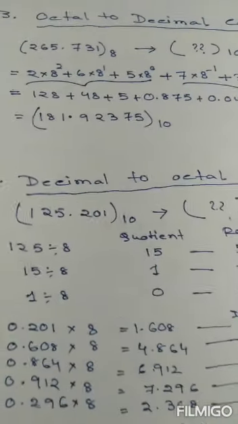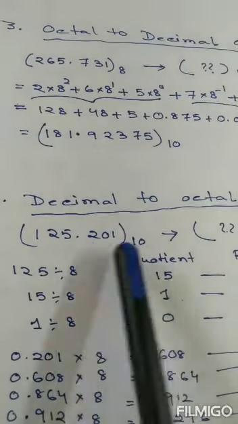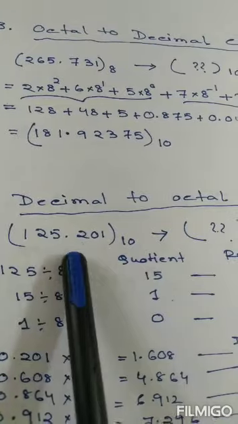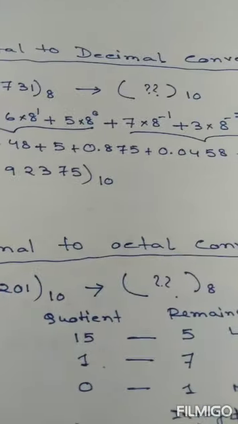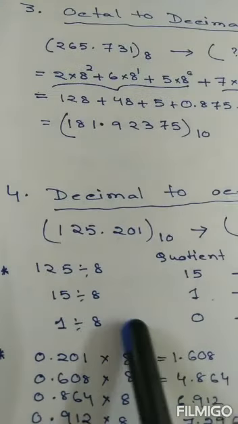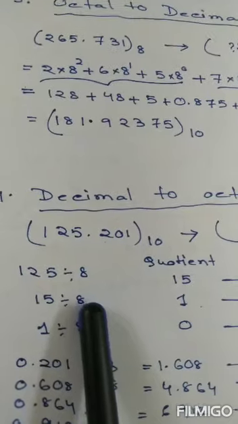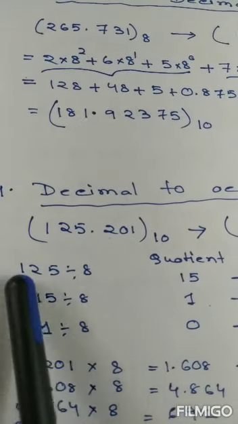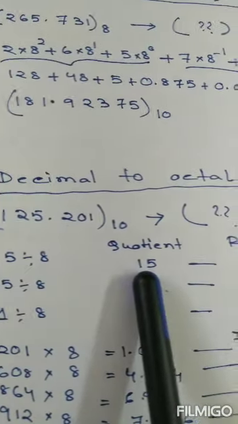Now decimal to octal. This is the decimal number, 125.201, and we will convert this number to an octal number. First divide the integer part, that is 125, by the base of the required system. So 125 divided by 8, quotient is 15, remainder is 5.